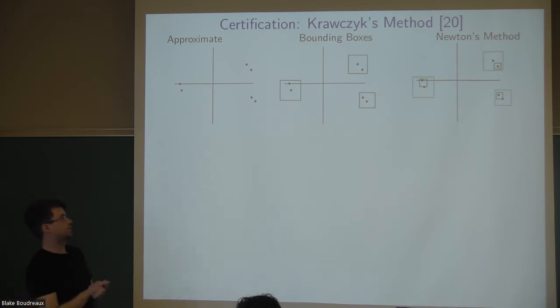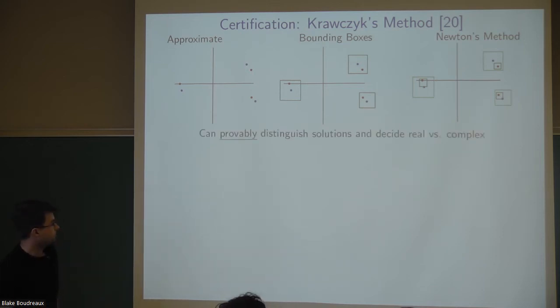That's Banach's fixed point theorem. And fixed points of Newton's method are solutions. So you're guaranteed to have a unique solution within that box. So you can provably distinguish solutions. You can also decide whether or not they're real or complex. Just make sure your boxes are symmetric over the real axis. If there's only one solution in there, you can't have two complex conjugate solutions in there.